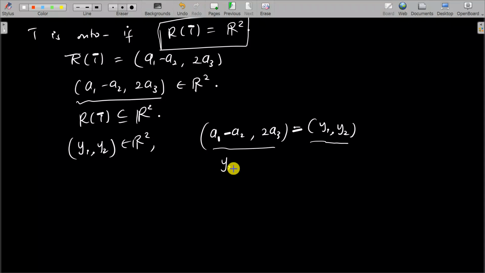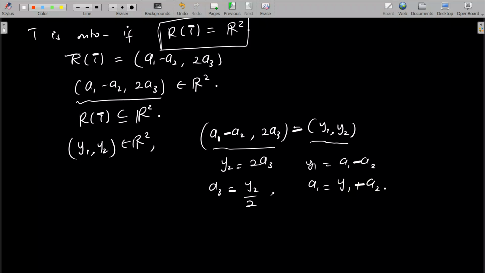I can say that y2 is equal to 2a3, so if I pick my a3 to be equal to y2 over 2, and if I say y1 is equal to a1 minus a2, it means that a1 will be equal to just y1 plus a2.